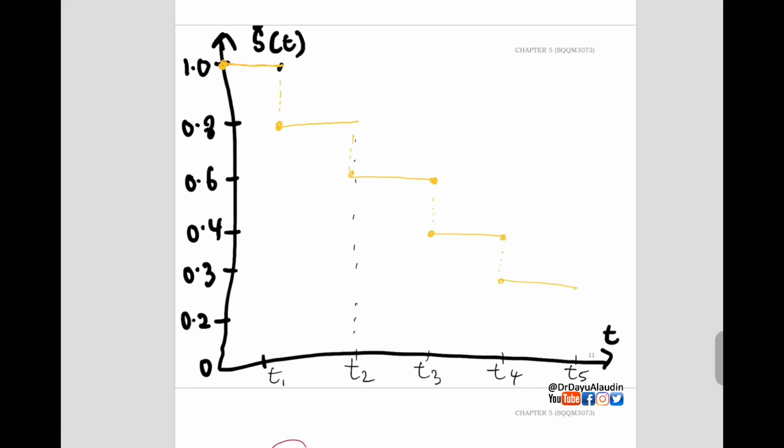Each interval one dies, and then at T5 all die. So S(t) becomes 0. So this is how you draw the step graph for the survival function.